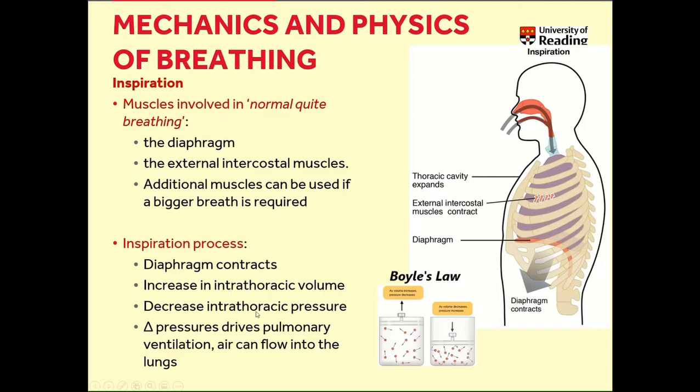So there will be the creation of a pressure gradient, a difference in pressure between atmospheric pressure and intrathoracic pressure, and this will drive the pulmonary ventilation so that the air can flow into the lungs.